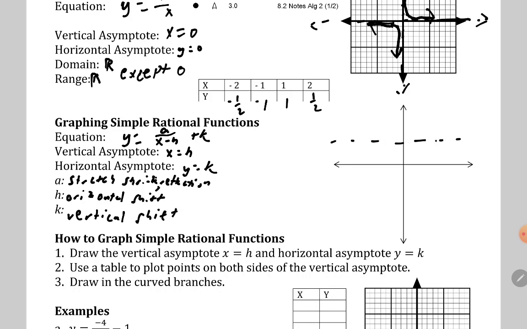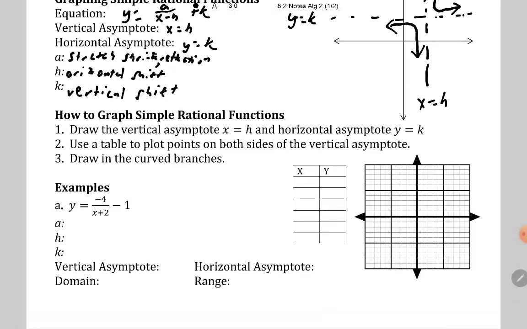So, for example, we have y equals k for our horizontal asymptote, and a vertical asymptote at x equals h, and then your graph would look something like this. They approach these asymptotes but never touch.